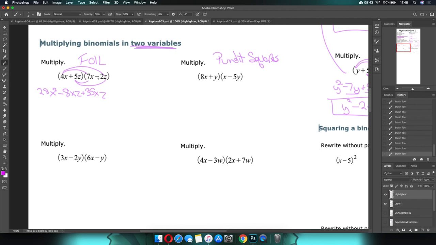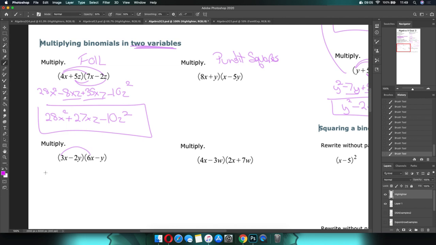And then the last terms is 5 times negative 2, that is negative 10z squared. Like terms. So what are we left with? 28x squared plus 27xz minus 10z squared.